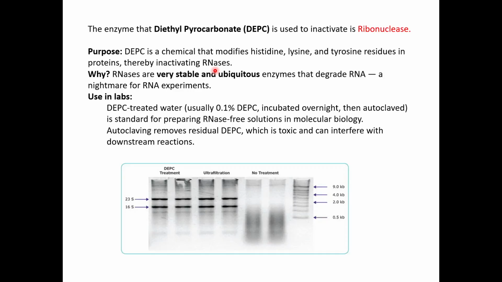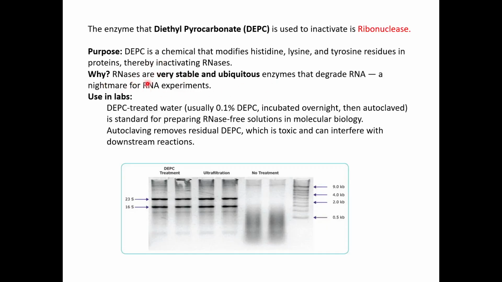So, why do we need this? RNases are very stable and ubiquitous enzymes. So, when you need to use RNA for your experiments, you do not want any sort of contamination from RNases. So you need to eliminate RNase completely from your solution in which you have your RNA.